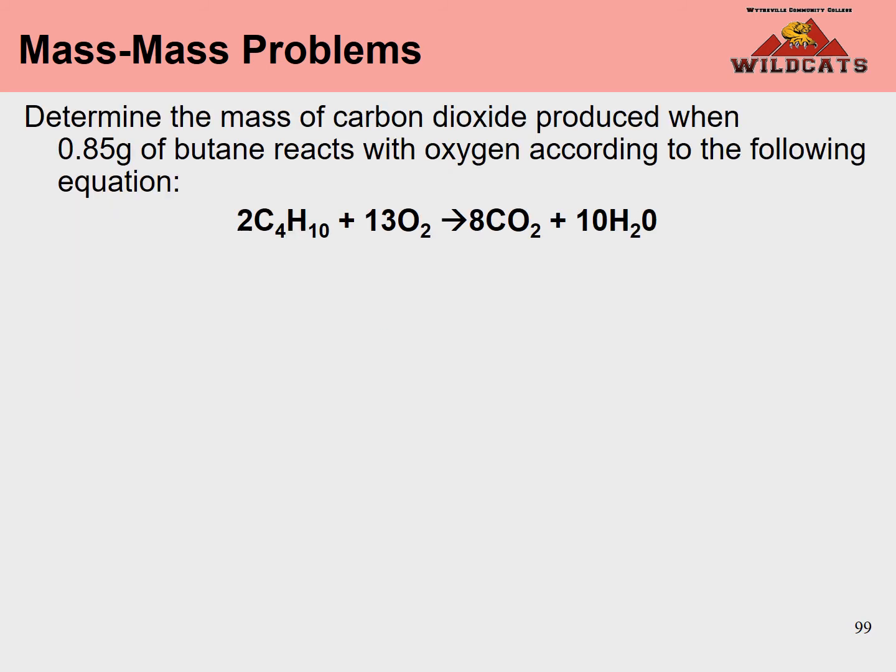So it says determine the mass of carbon dioxide produced when 0.85 grams of butane reacts with oxygen according to the following equation. So I've got 0.85 grams of butane. That's the C4H10. I'm assuming you can figure that out because the other three should be fairly obvious considering it's oxygen, carbon dioxide, and water.